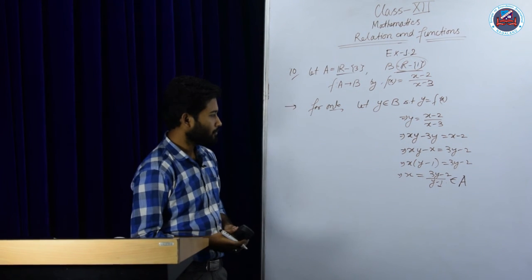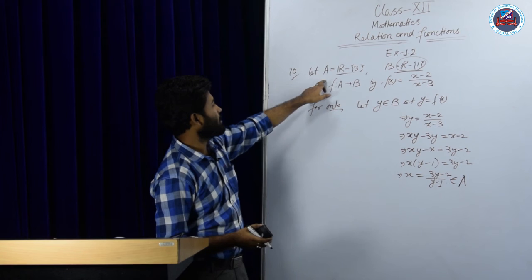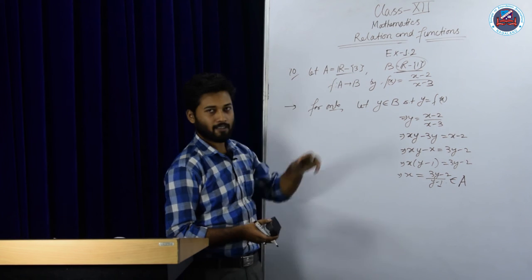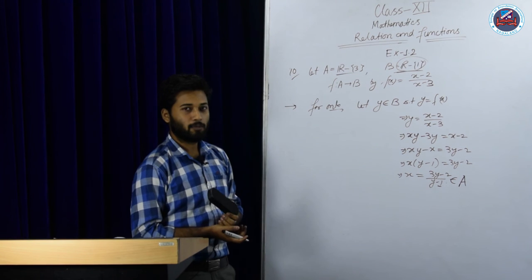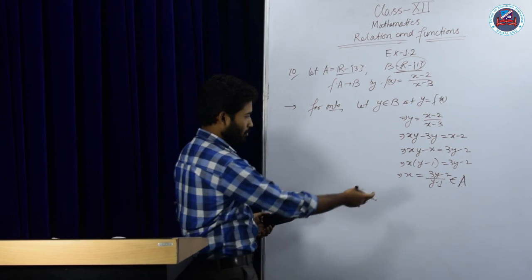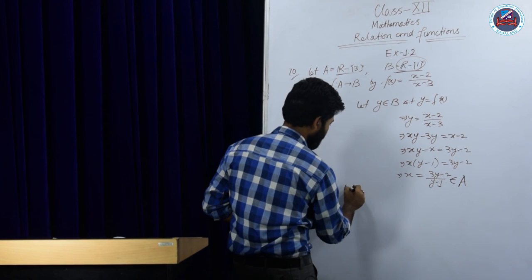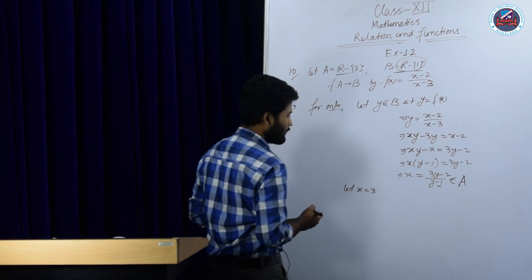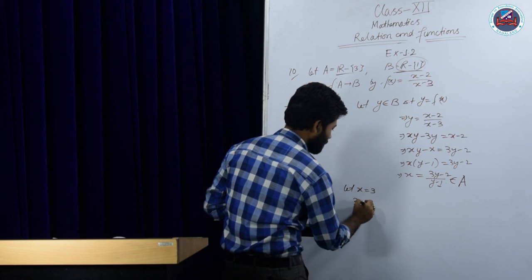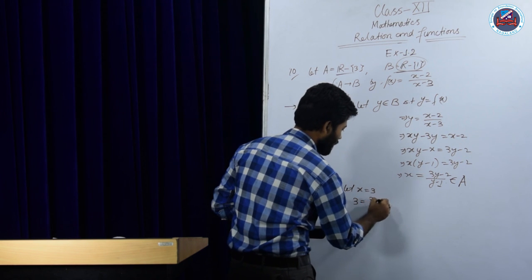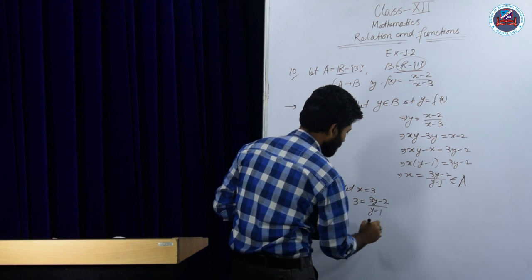Clear? Okay, one more thing. Here they have considered the domain R minus {3}. What if we consider the 3 here? Suppose x is 3. Let x be equal to 3. Then we shall have 3 is equal to 3y minus 2 by y minus 1.